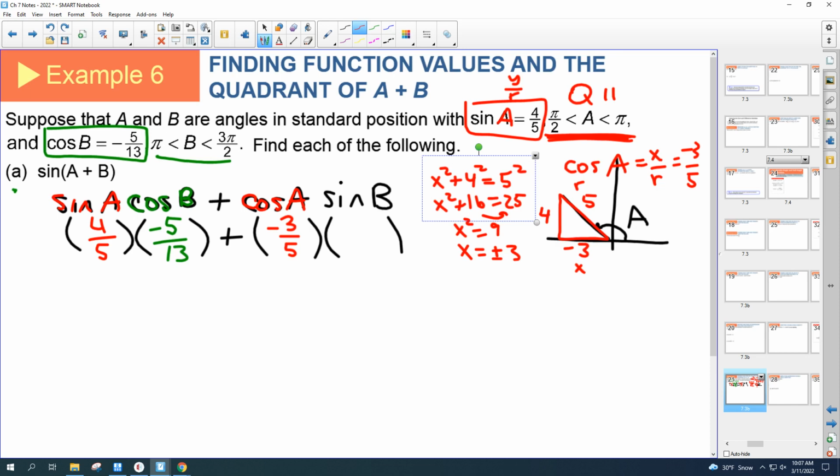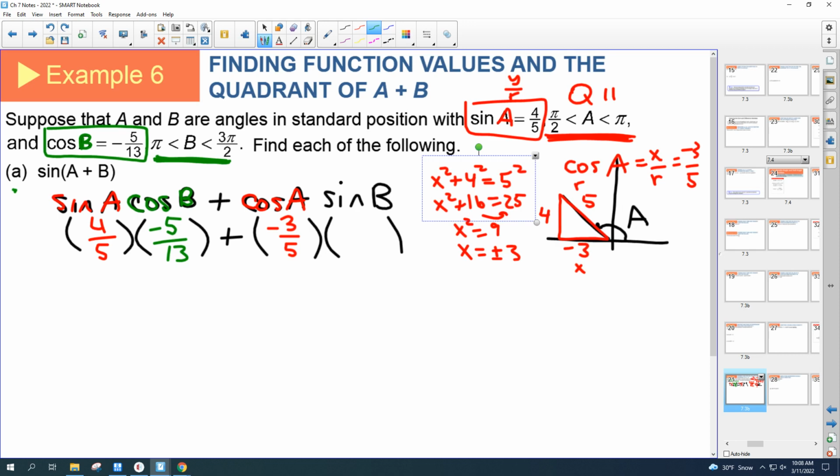But now I need to fill in that fourth blank. And that fourth blank is talking about a completely different angle. So I need a completely different picture. I've got angle B, and angle B is in between pi and 3 pi over 2. So picture where pi is and 3 pi over 2. Here's pi, here's 3 pi over 2.